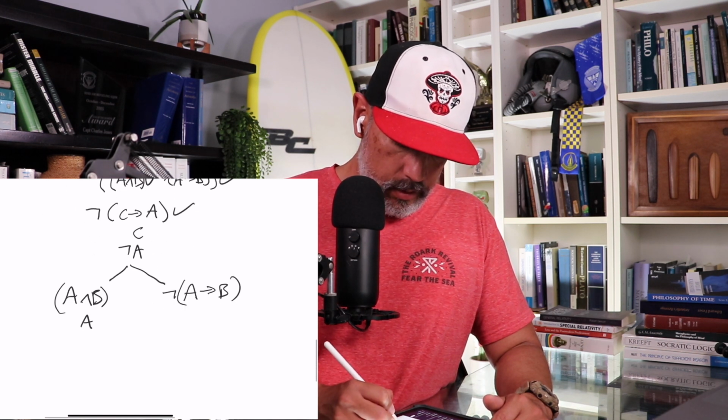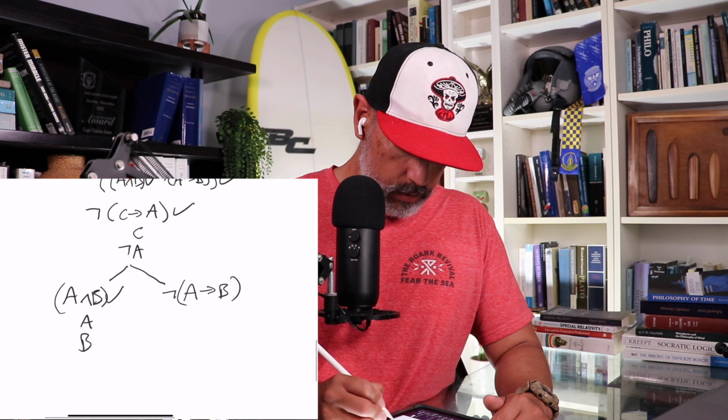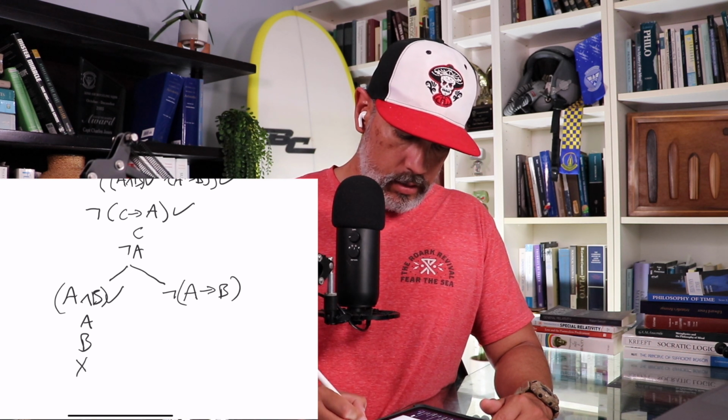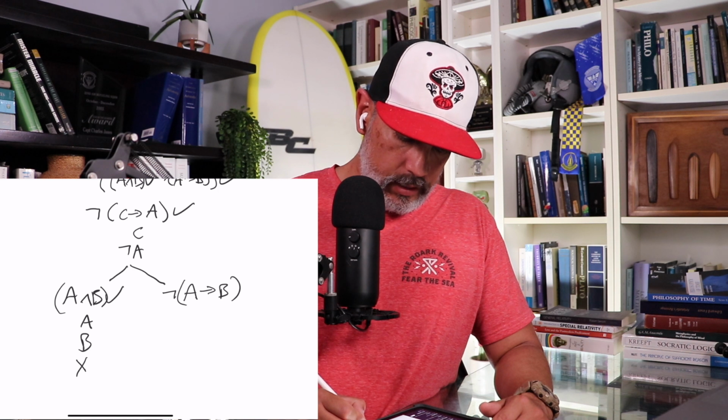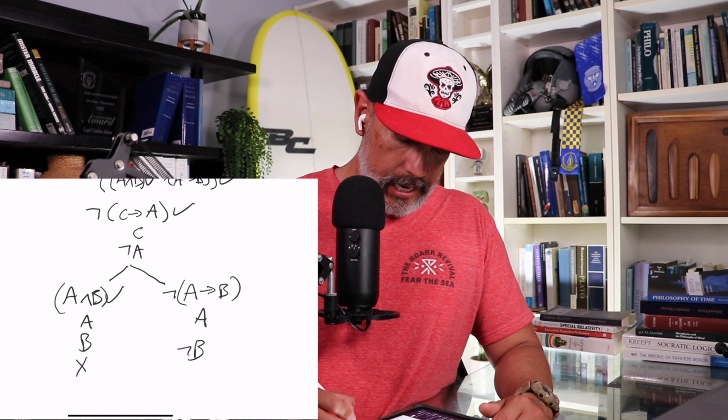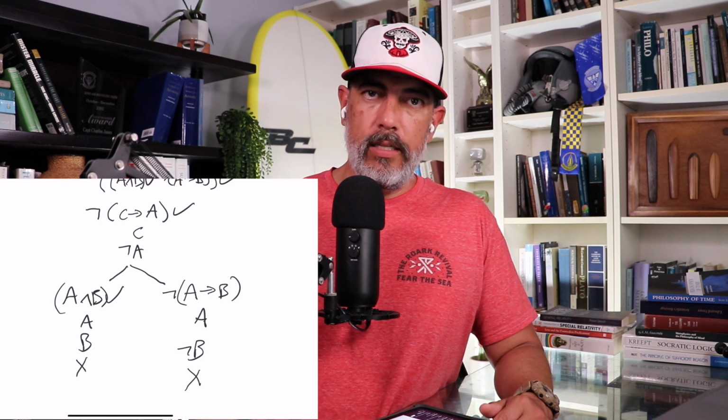And then this conjunction. And we have a not A and an A. That branch closes. And then this negation of a conditional. We have a not A and an A. That branch closes. So this is a tautology.